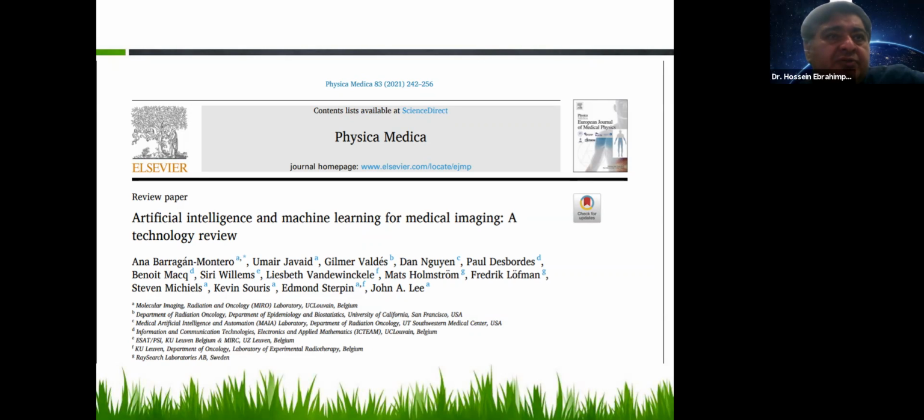This paper is a very good paper for classifying these applications: artificial intelligence, machine learning for medical imaging, a technology review.